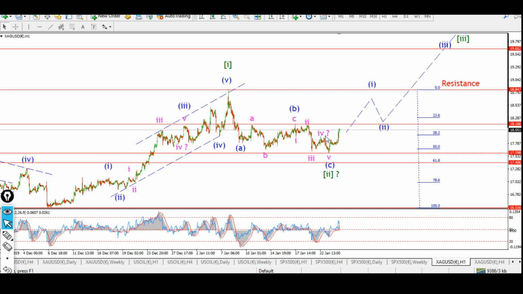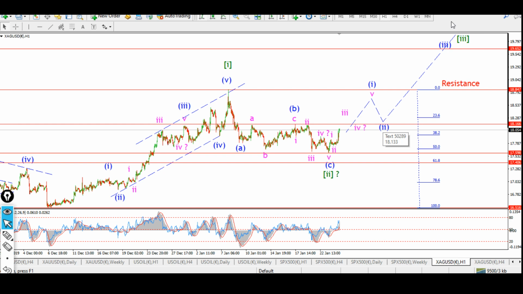If that happens, wouldn't that be fantastic? 5 waves up in silver would indicate that wave 3, this larger wave 3 here in green, was underway. So next week we're looking tentatively quite bullish, with the outlook for an impulse wave, so a 5-3 impulse wave developing over the next week or so, which would point higher into wave 3.